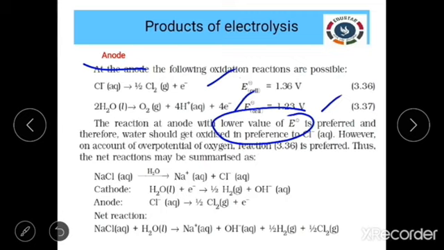But what happens is we make the chloride reaction feasible by supplying an overpotential. So if a reaction tends to be kinetically slow, then we make it possible by supplying an overpotential. In this manner we choose chlorine as the anode reaction.